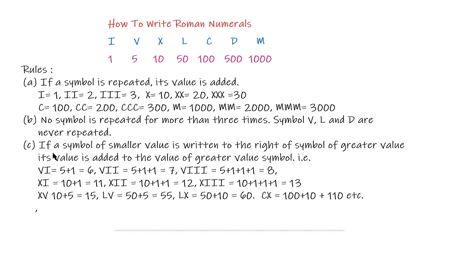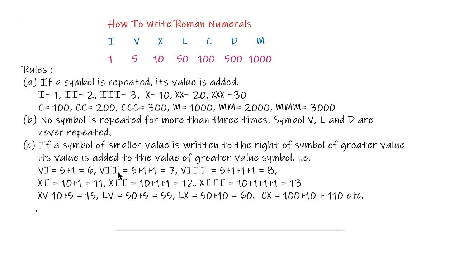Rule C, if a symbol of smaller value is written to the right of symbol of greater value, its value is added to the value of greater value symbol, that is VI equal to 5 plus 1, as the value of V is 5 and I is 1, so VI equal to 5 plus 1 equal to 6.